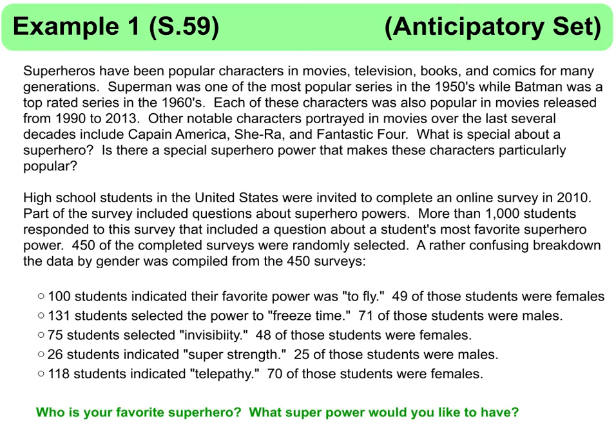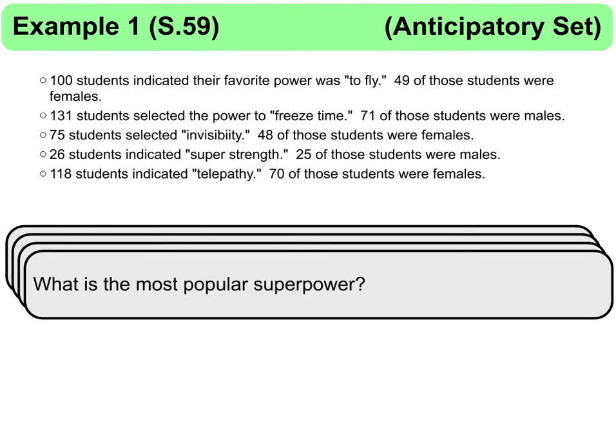So the teacher just starts off as an anticipatory set: what might be their favorite superhero of the class, and what might be their favorite superhero power that they would like to have. Now, talking more specifically about the data itself, this is where example 1 comes into play, and we look at it more particularly and get the students to think about what they're seeing.